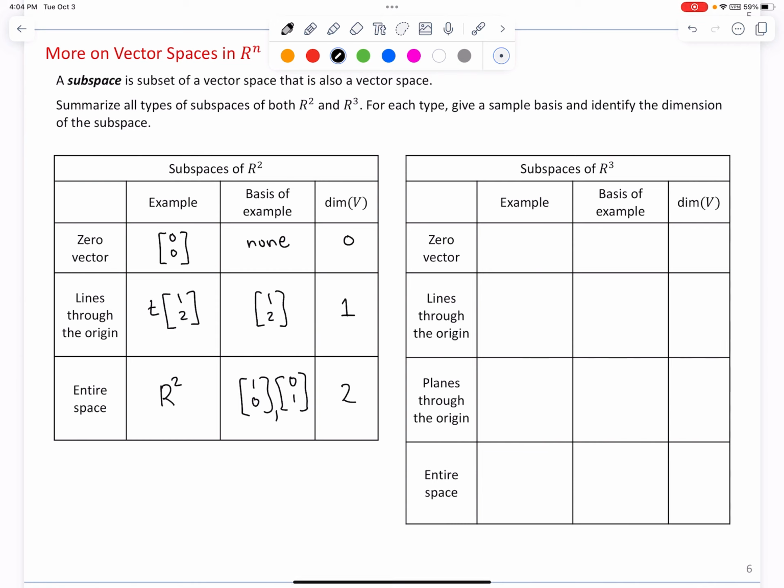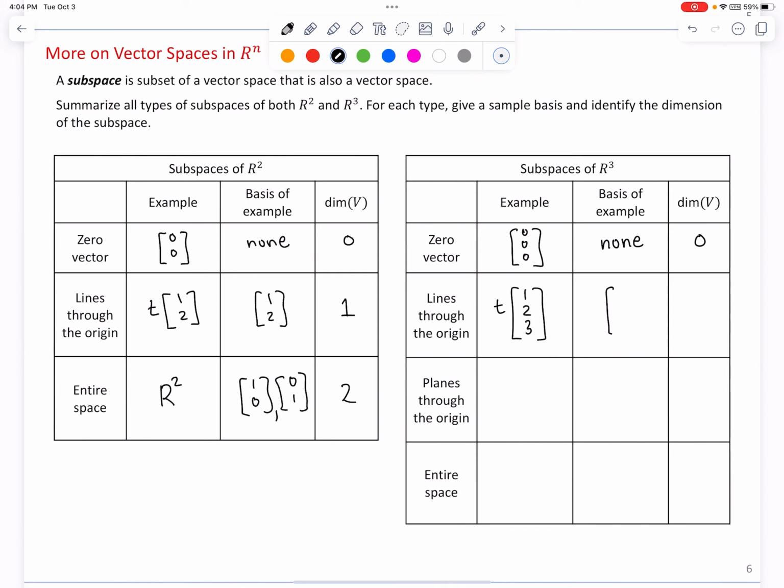Now let's look at the subspaces of R3. The 0 vector, our trivial subspace, has 3 zeros. There is no basis for this, and we say the dimension is 0. The other kind of subspace that's a subset of R3 are lines through the origin. So, for example, any multiple of (1, 2, 3) will produce a line through the origin.